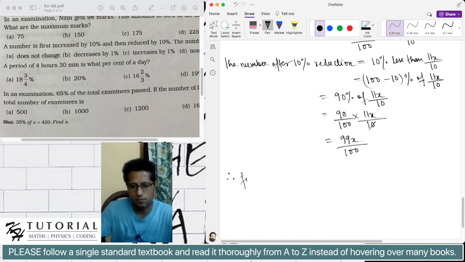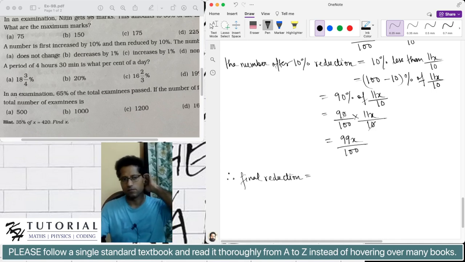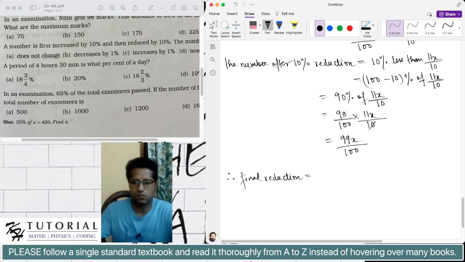So the final reduction is equal to, the final number was 99x by 100 and the original number was x. So the final reduction is equal to x minus 99x by 100.